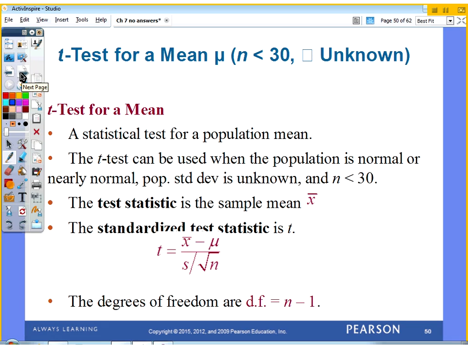So if we were doing a hypothesis test and our sample size is small, less than 30, and the population standard deviation is unknown, we're going to follow the same steps, except we're going to use the t-table instead of the z-table. And if you'll notice, your test statistic uses the same formula.